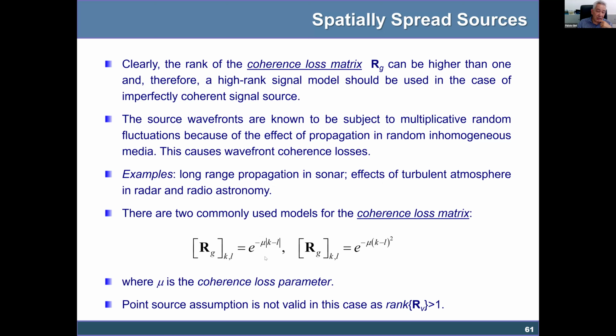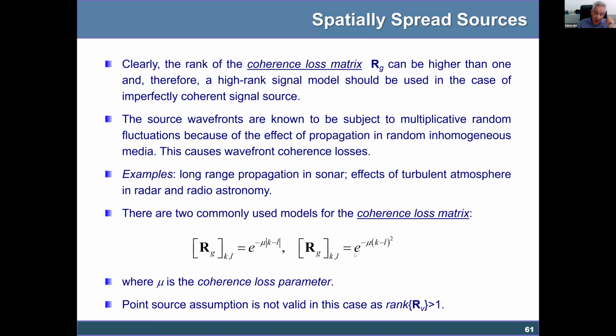These are two commonly used parametric models for the coherence loss matrix. In the first case, it is assumed that the correlation decreases exponentially, and the speed of decrease, so how fast the signal decorrelates from one sensor to the other, is controlled by this parameter mu that is called the coherence loss parameter.